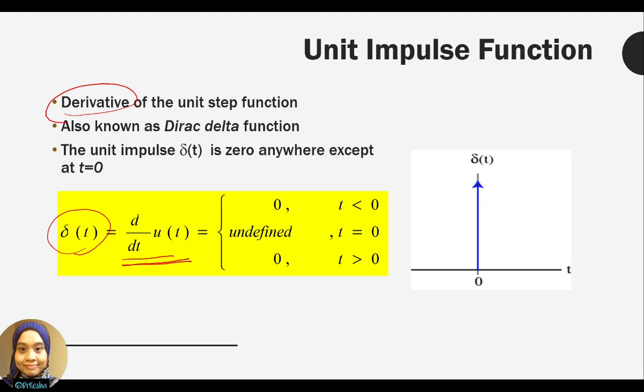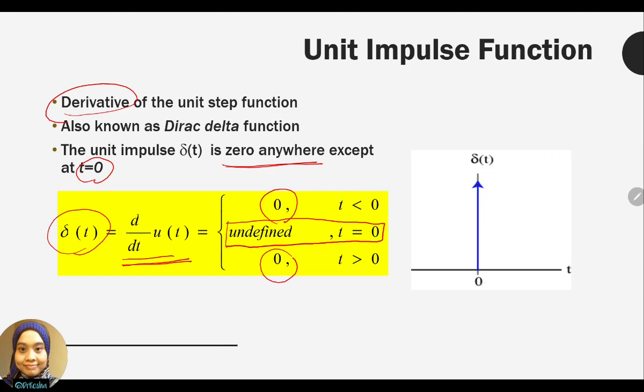And the unit impulse delta(t) is 0 anywhere except when t equals 0. So every time we talk about the unit impulse function, this is the condition you need to remember. Whenever t is equal to 0, it can have any amplitude value, but at any time other than 0, the amplitude should be 0.